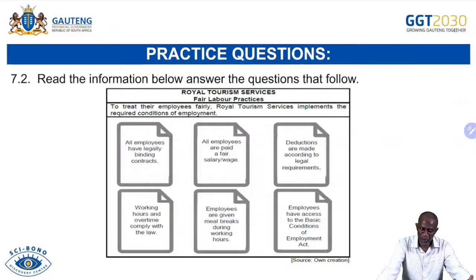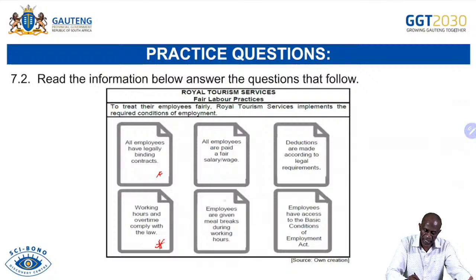To treat their employees fairly, Royal Tourism Services implements the required conditions of employment. The first one, which is this one, all employees have legally binding contracts, and it is followed by working hours and overtime comply with the law.